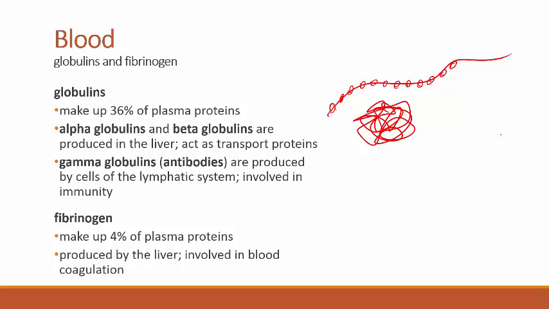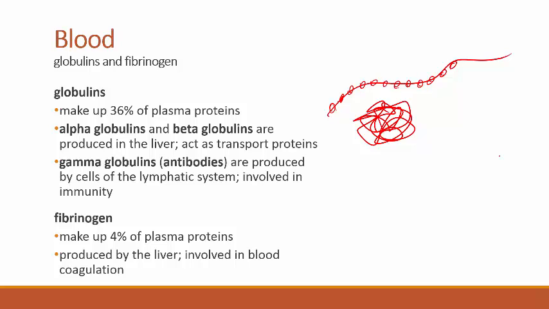The alpha globulins and the beta globulins are both produced at the liver, and they are also transport proteins. Gamma globulins, and you may have heard that term, is a term for any antibodies that are introduced into the blood. They are introduced as a gamma globulin shot, and they can help you to fight a disease or some sort of condition.